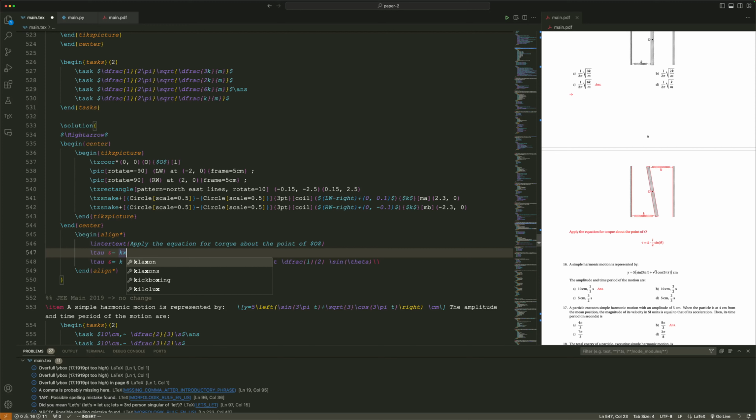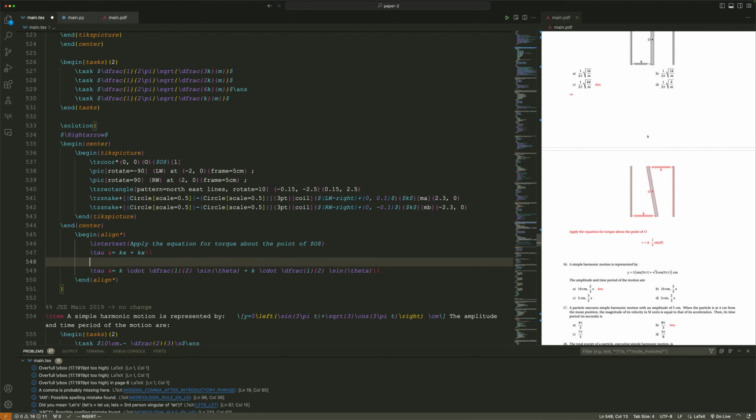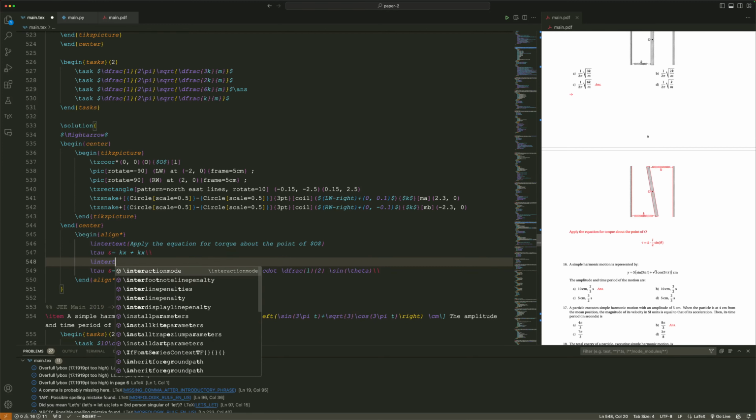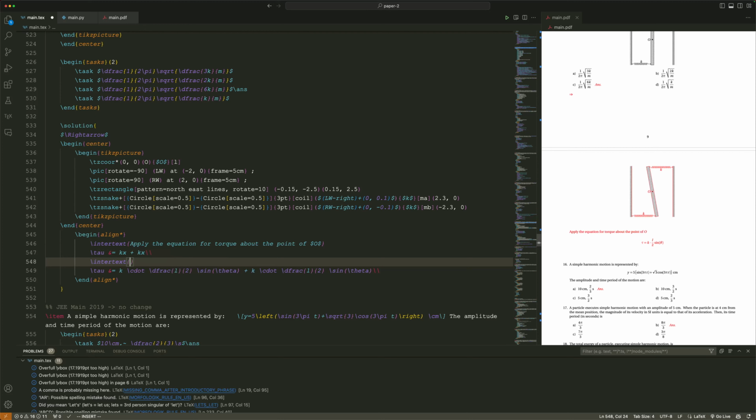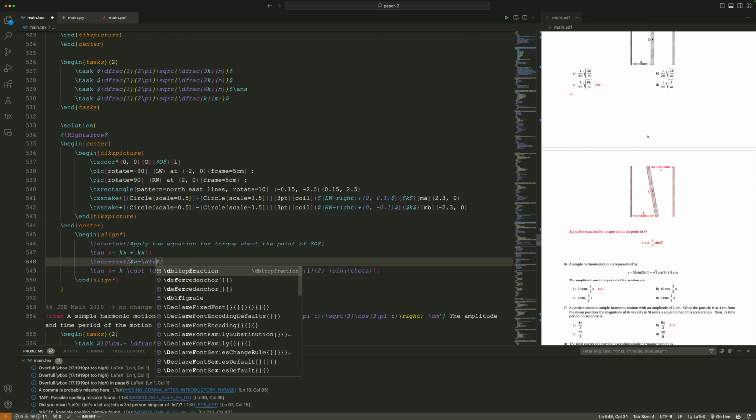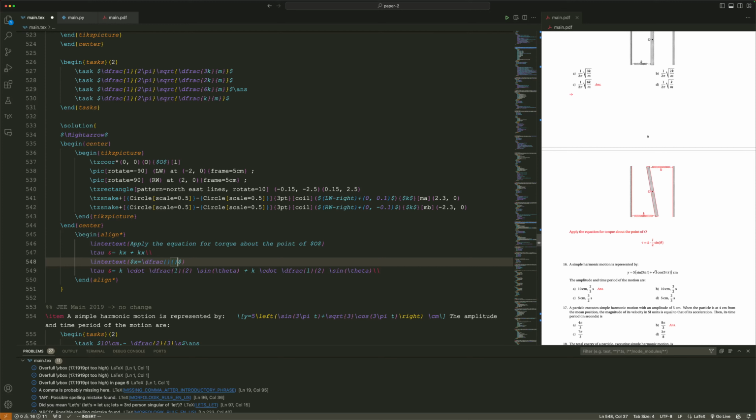k times x plus k times x, and then we can add in text, where x is equal to L by 2 sine theta.